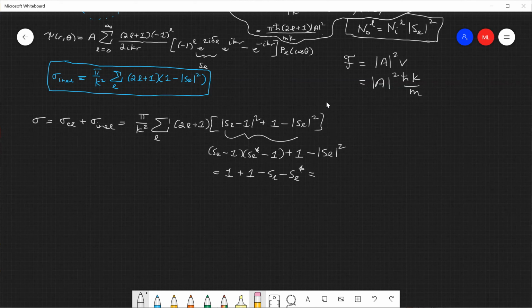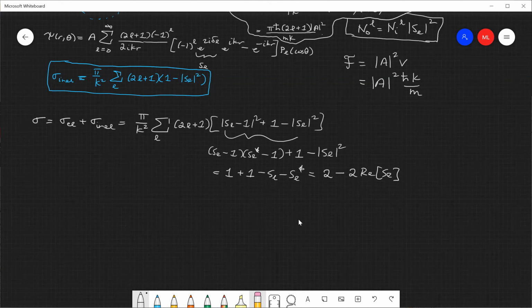This is equal to 2 minus twice the real part of S_L. If you add a number to its complex conjugate, the imaginary parts vanish, and you're just left with twice the real part of that number.